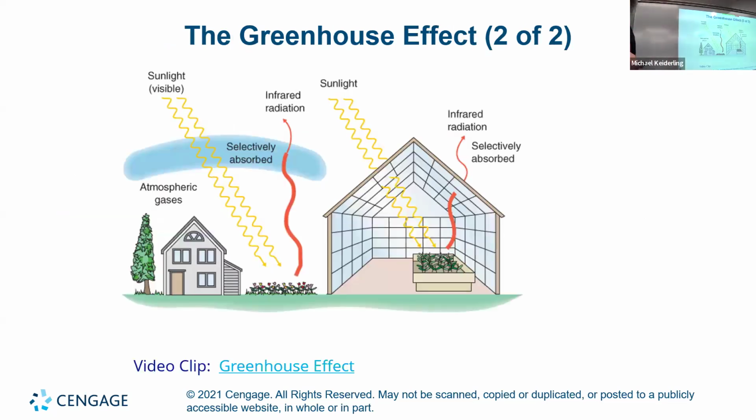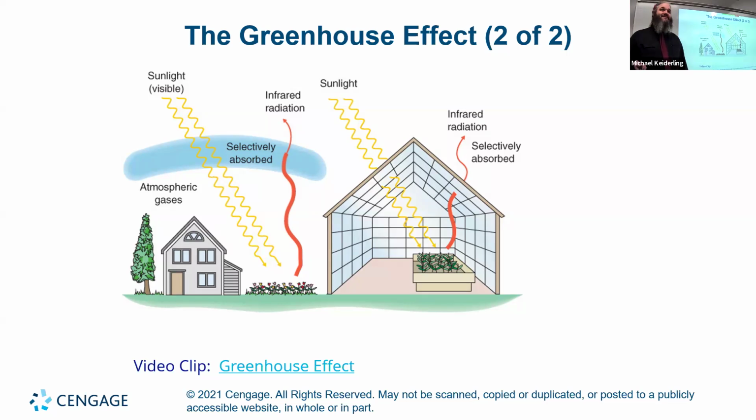So this is the greenhouse effect, where visible sunlight comes in, it's absorbed, it's re-emitted as infrared radiation, and it's selectively absorbed by various atmospheric gases. And it's usually compared to a greenhouse because glass will absorb infrared radiation.